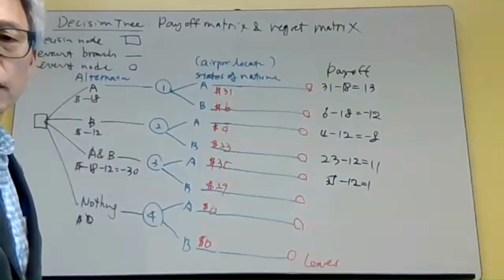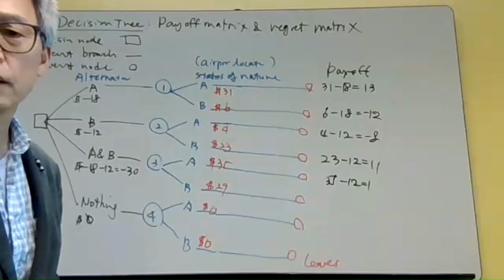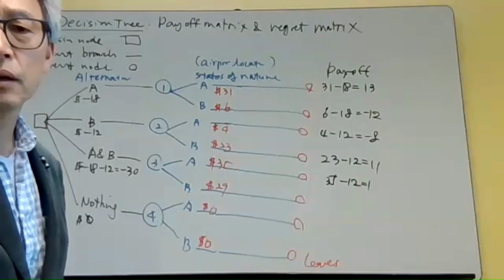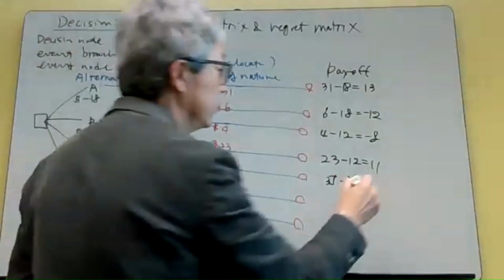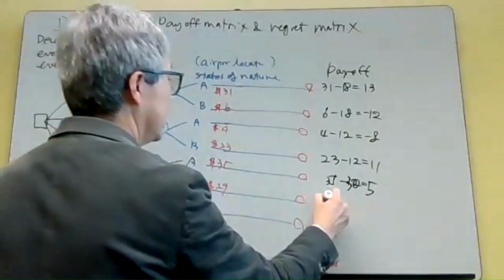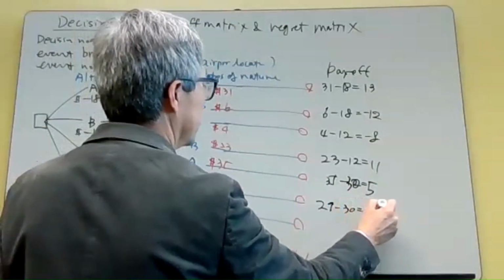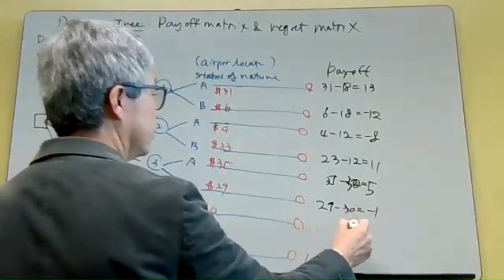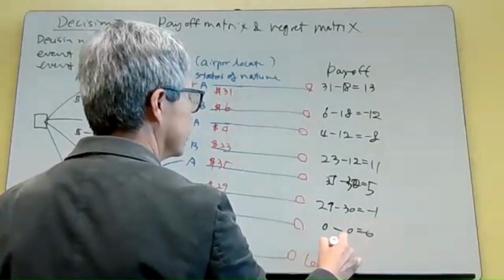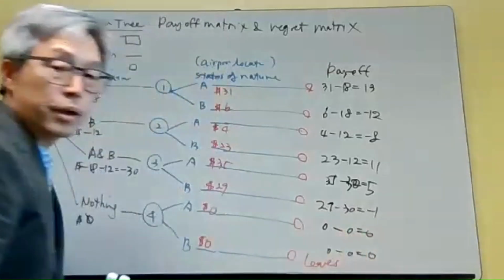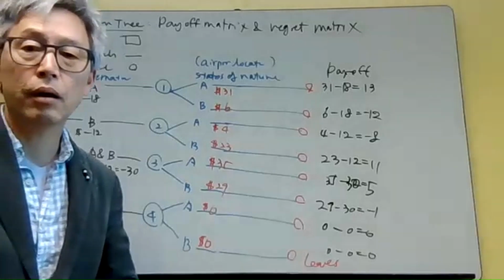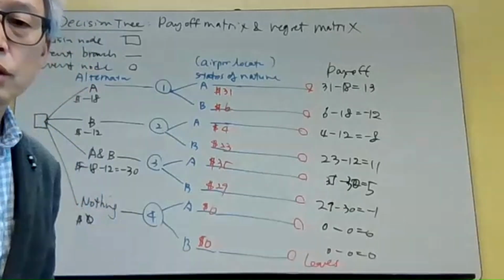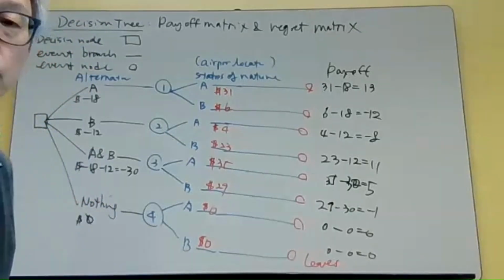It's not like that, right? It's 35 minus 30. Oh, 30, yeah. That should be 30. So it should be 5. And then 29 minus 30, so minus 1. 0 minus 0 equals 0. Yeah, that's your payoff. That's Magnolia Inn's payoff for the decision under those states of nature.